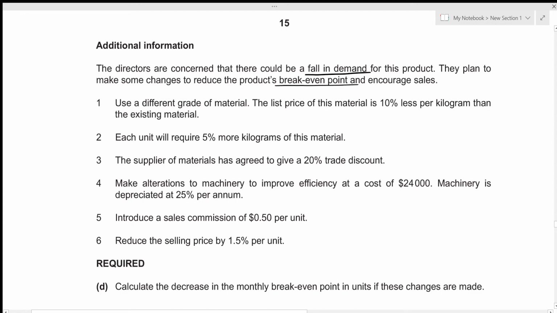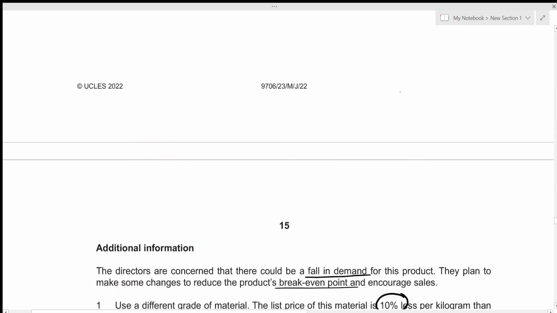So first change is that we use a different grade of material, and the list price of this material is 10% less per kilogram than the existing material. Okay, let's figure out the new direct materials rate. So that's 10% less per kilogram of the existing material. Let's have a look at the above information.